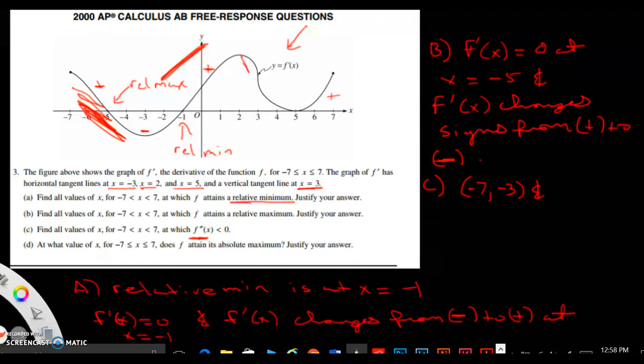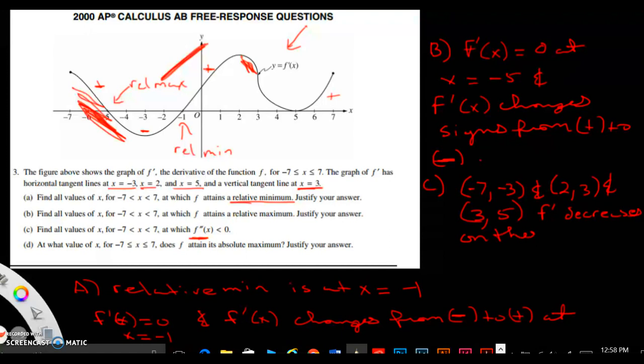So from here to here it would actually be the whole thing, but it says it has a vertical tangent at 3. So we've got to say from 2 to 3 and 3 to 5, and we would say f prime decreases on these intervals.